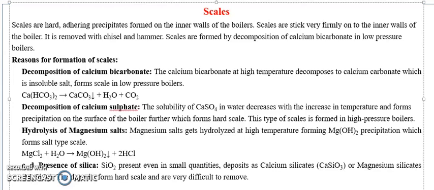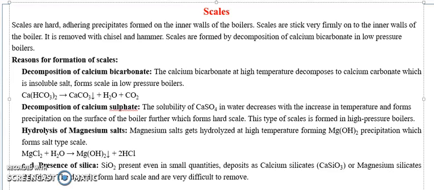However, scale composed chiefly of calcium carbonate is soft and is the main cause of scale formation in low pressure boilers. But in high pressure boilers, calcium carbonate is soluble. At high temperature, calcium bicarbonate decomposes to calcium carbonate, an insoluble salt, which forms scale in low pressure boilers.